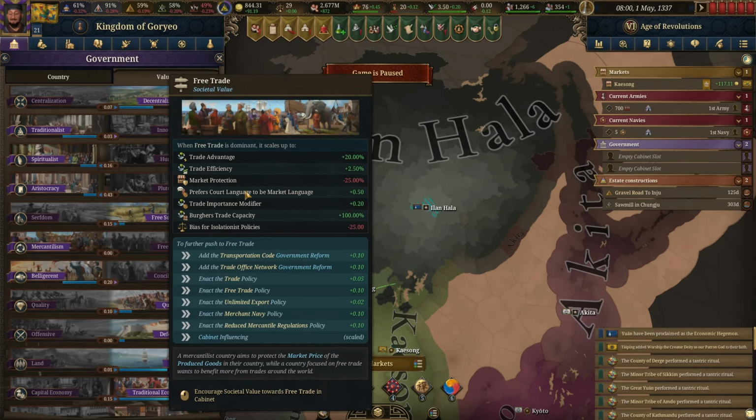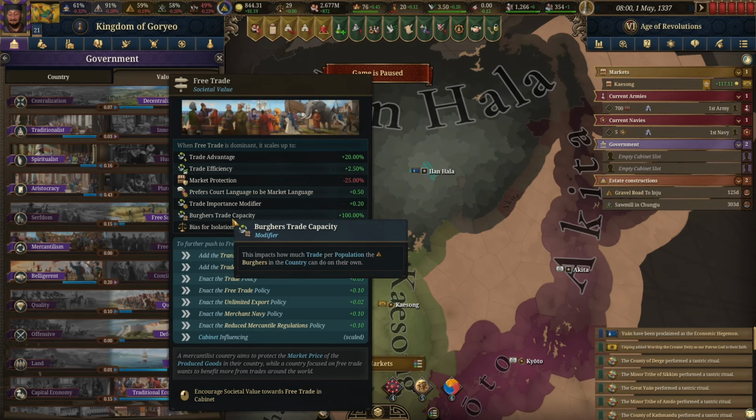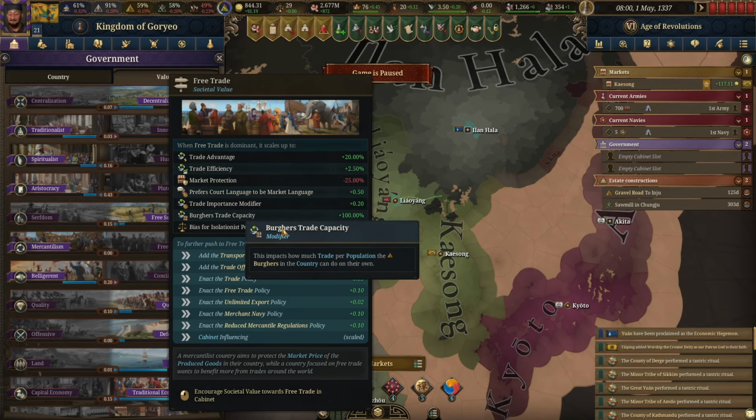The rest of these modifiers are all for AI, except for this one, burghers trade capacity. I've been looking into this a bit. Burghers trade kind of in the background, and I'm not sure it's a good thing, funnily enough, mainly because burghers will often sell the goods within your country to foreign markets, and you, of course, won't see the profit of that.